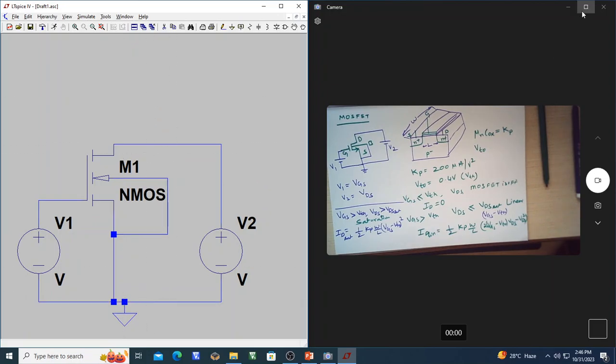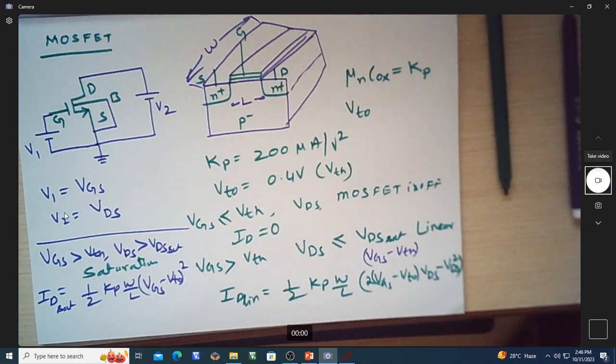Now over here we have mentioned V1 is VGS and V2 is VDS, and we have considered different conditions, and we also said that there are two process parameters for this MOSFET to define. I had to do this before assigning some voltages and doing the simulation.